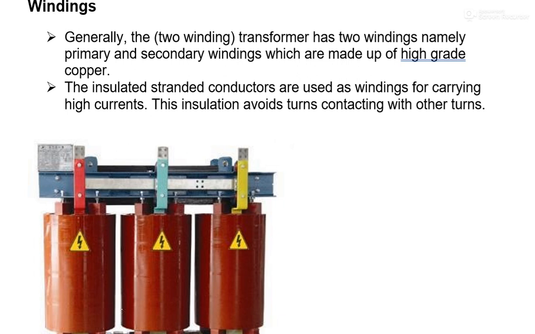The insulated strands or conductors are used as winding for carrying high current. This insulation prevents turns from contacting each other. Why do we use the insulation? The reason is to avoid contact of windings with each other, so that further damage is avoided.